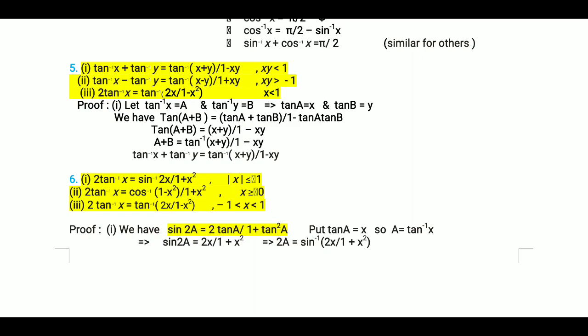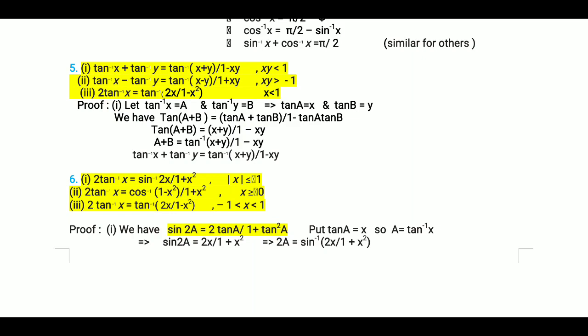Here we have three formulae for 2 tan inverse x: 2 tan inverse x in the form of sin inverse, 2 tan inverse x in the form of cos inverse, and 2 tan inverse x in the form of tan inverse.